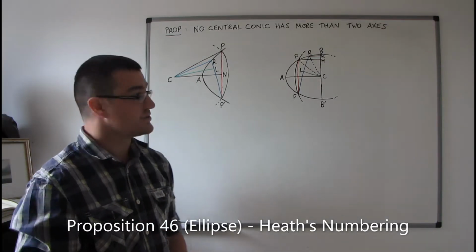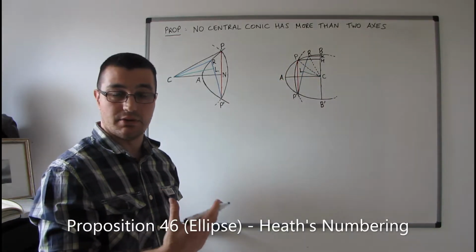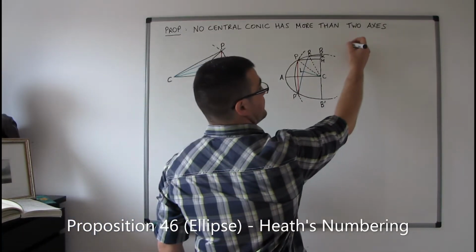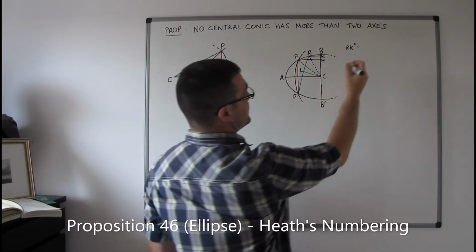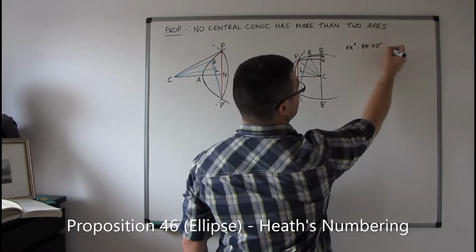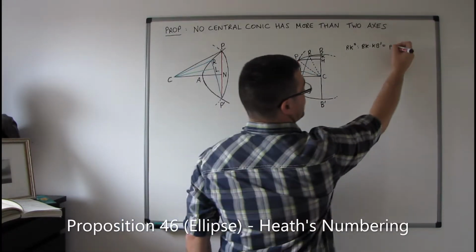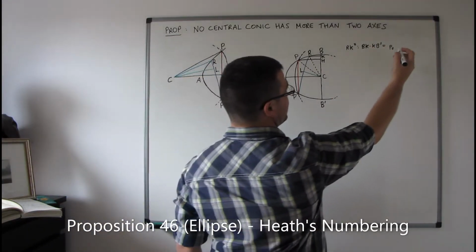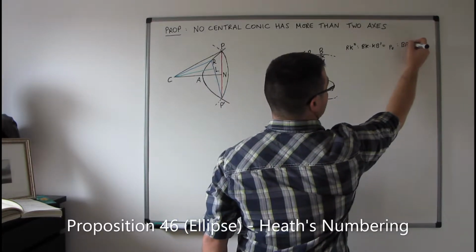Some observations that we can make straight off the bat. Because RK and PH are both ordinates to the minor axis, then we can say that the ratio of RK squared to BK times KB primed is equal to the parameter with reference to the minor axis, so I'll just call it P sub B, the ratio of that parameter to BB primed.